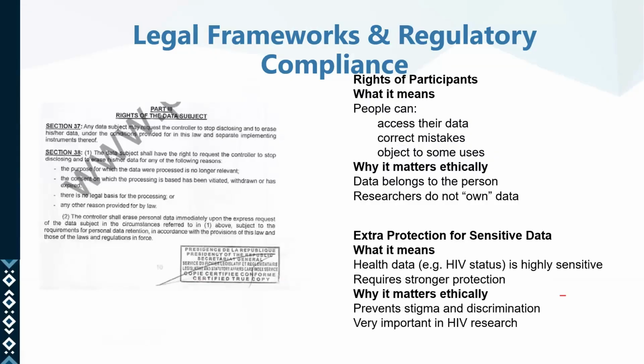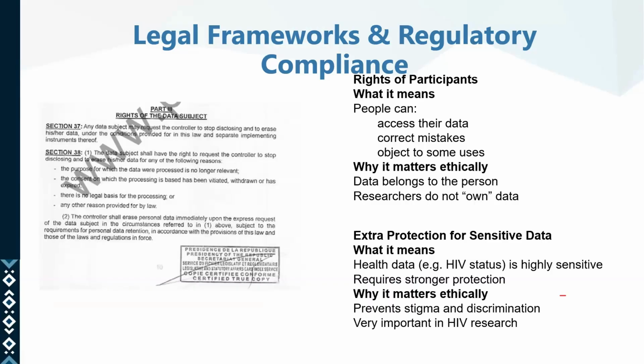Rights of participants. People can access their data at any point in time. They can correct mistakes if they notice there was a mistake with the data that has been collected. They can object to some use. Data belong to the person, so the researcher does not own the data. Extra protection for sensitive data: health data, like HIV status, is highly sensitive and requires stronger protection.